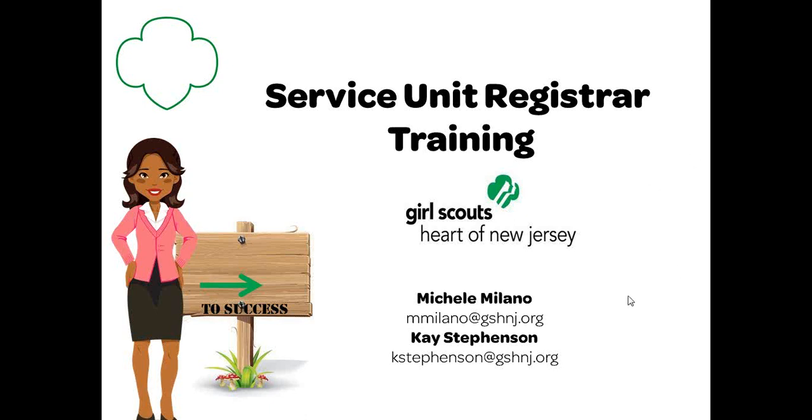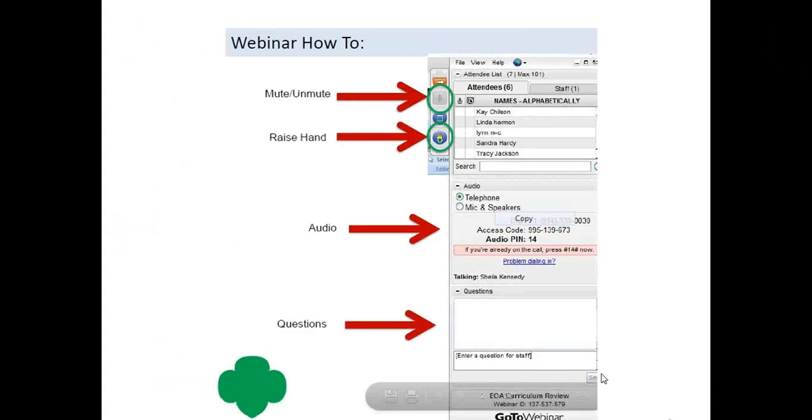However, there are a couple of ways that you can get a hold of us. First of all, on your screen somewhere, you should see a light gray control panel. It looks like this, like you see on your screen. If you're not seeing the control panel, then look in the upper right or left-hand corner for a tab with an arrow in it. If you click that tab with the arrow in it, that will bring out your control panel.